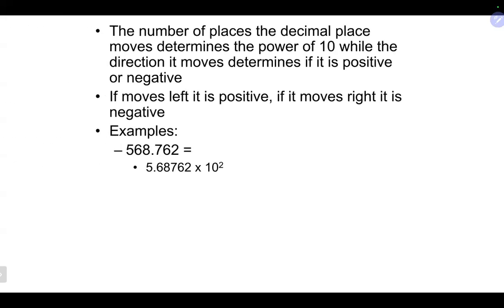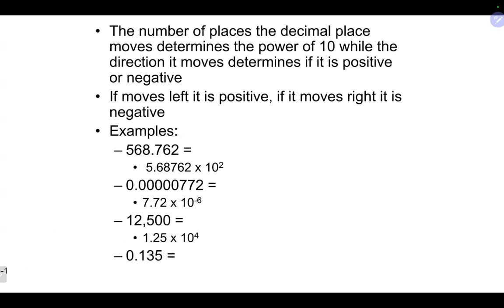So let's take a look at some of these examples here and see how we get there. We have 568.762. To get us there, we need to go 1 and 2 places to the left. That gets us 5.68762 times 10 to the 2. To get us to a number between 1 and 10, we have to go 1, 2, 3, 4, 5, and 6 places to the right.